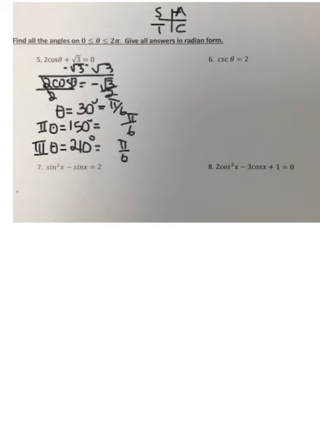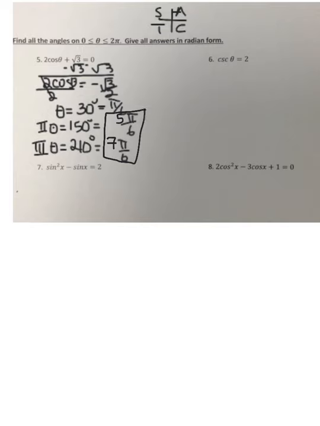And then I just ask myself, what do I multiply 30 by to get to 150? And I multiply by 5. So that's the number that's going to go right in here. And then you do the same thing for the 210. 30 times 7 would give me 210. So those are your two answers.